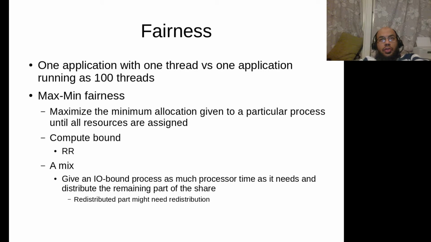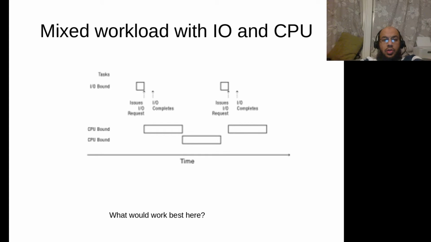And the notion of fairness is really hard to quantify, but you can think of it this way: the I/O bounded application will need the CPU at any time, and it might need it a couple of times, in a very short period, but then get blocked for a very long time.